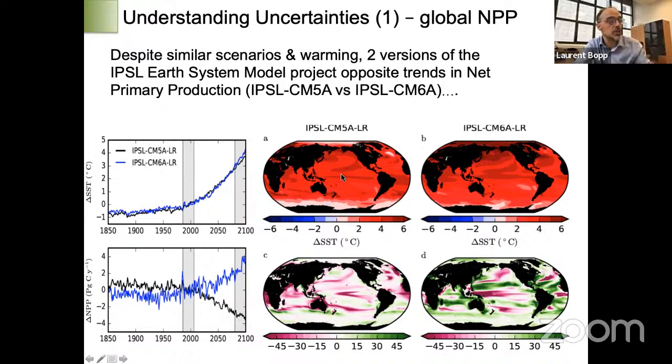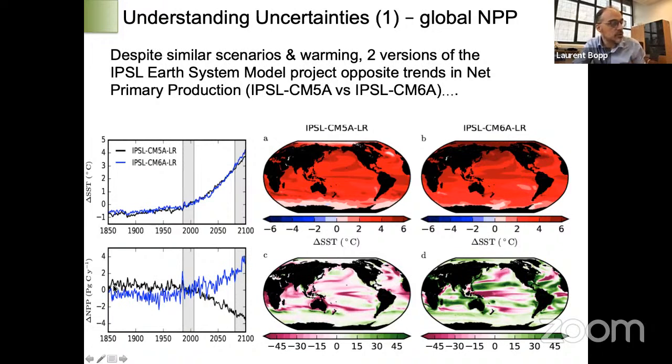You have here projections for the high emission scenario in terms of SST at the global scale and at the regional scale. What you see here is that despite the fact that we use different versions of the model and different scenarios, we have very consistent projections of SST, both at the global scale, with similar warming, and at the regional scale, with very similar patterns of projected SST. But for NPP, it's two different worlds.